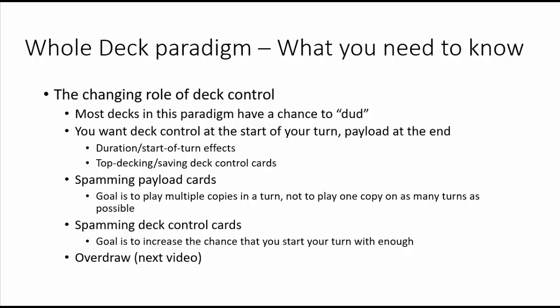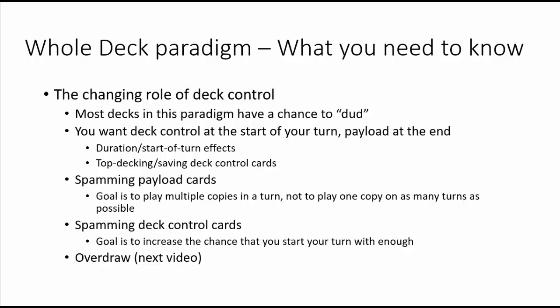Also, there is a difference in payload, right? A lot of times, if there was a really good payload card and you were in the money density paradigm, the idea would be, I want to play one every turn, so I'm going to buy a bunch of them, right? But if you're drawing your deck every turn, then you want to spam payload cards so that you can play multiple copies in a turn.